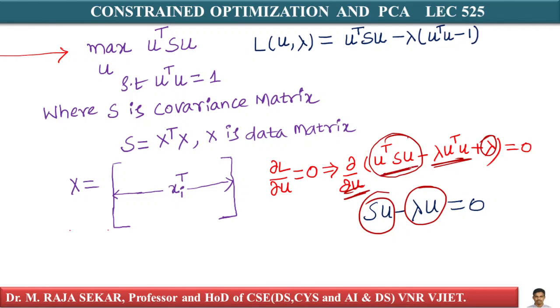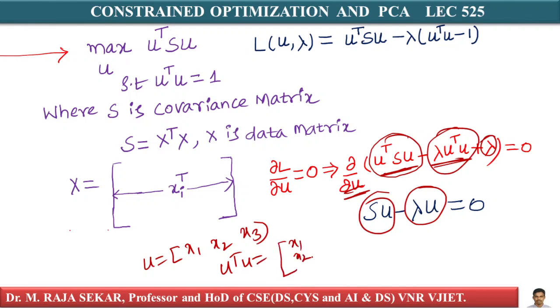This differentiation is very easy. Let's assume u is a vector. For example, let me take lambda u transpose u. If u is x1, x2, x3, what is u transpose u? U transpose u means the row vector x1, x2, x3 times the column vector x1, x2, x3.